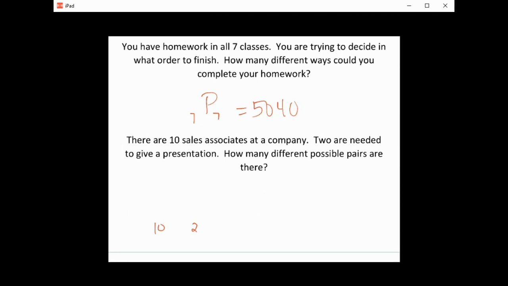The way I do that is I look at what I'm choosing, the people I'm choosing. I'm choosing 2 people to give a presentation, so they're essentially doing the same job. So that is going to be a C.